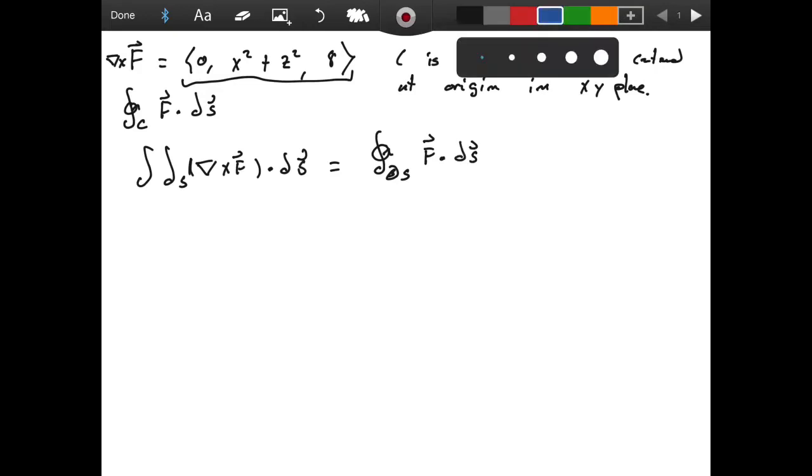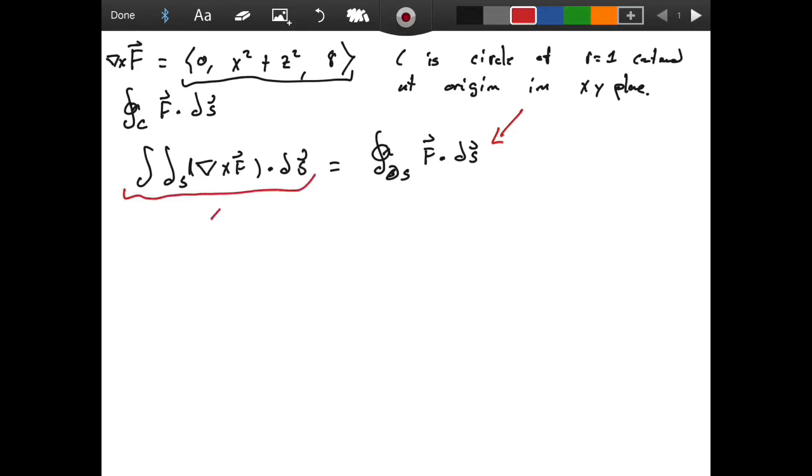So in this problem, this is the thing that we want to find. But notice we don't know what f is, we only know what the curl of f is. So we're going to use Stokes' theorem to figure out what that integral is.